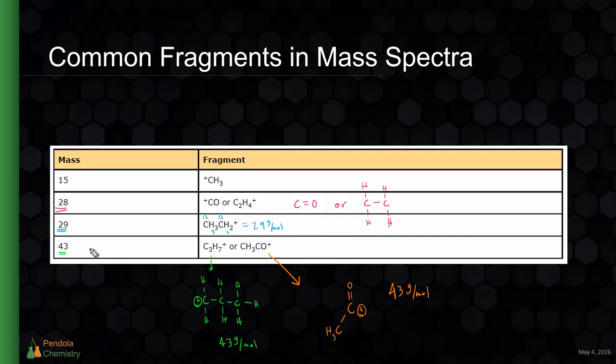So just be aware of these. You will be asked to identify what has made certain peaks on the mass spectra, and all you have to make sure is that the part of the molecule you're identifying has the same molar mass as the mass to charge ratio on the peak that you're looking at.